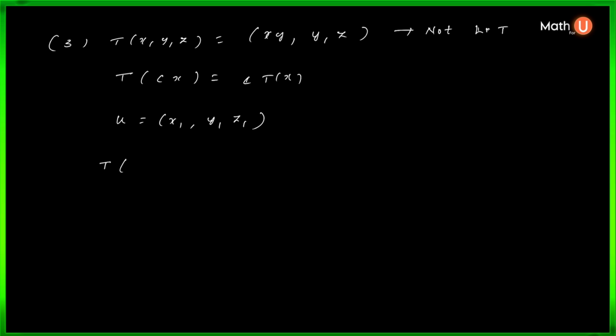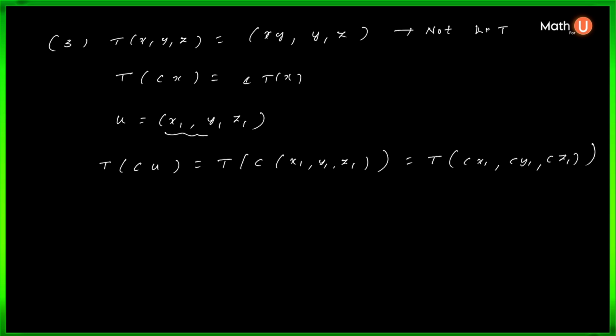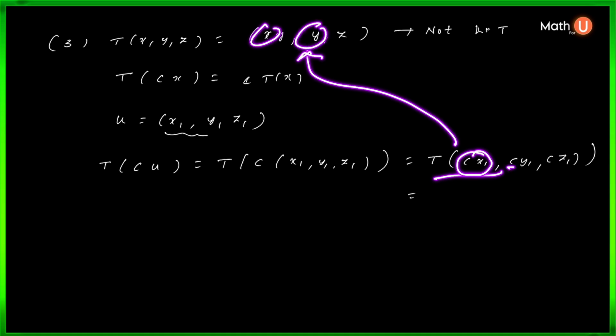T of c into u is T of c into x1 y1 z1, that is equal to T of cx1 comma cy1 comma cz1. Now apply the linear transformation: in place of x, cx1, in place of y, cy1, in place of z, cz1.